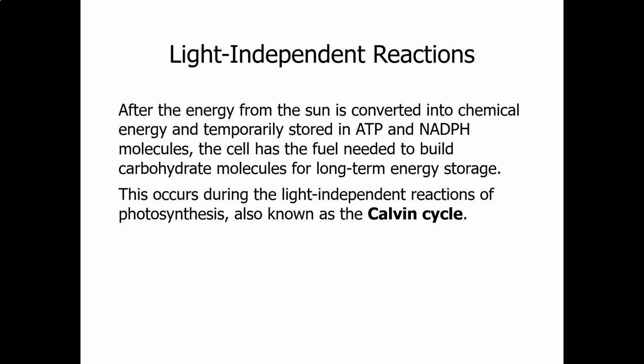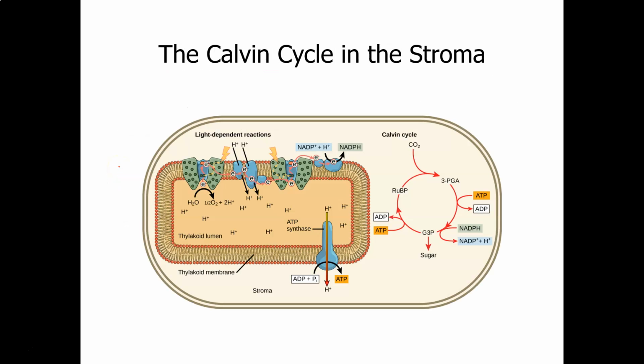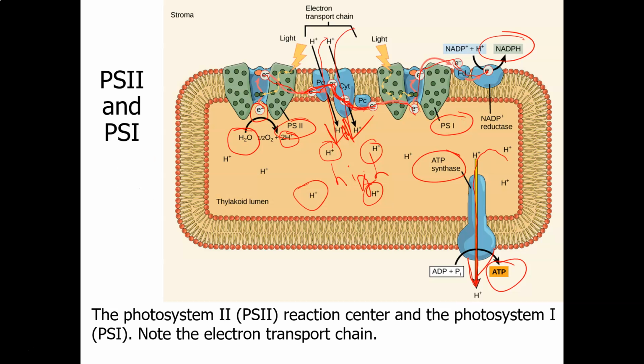Now we come to the light-independent reactions, or the Calvin cycle. This is the process where ATP and NADPH are used to produce carbohydrate molecules such as glucose.